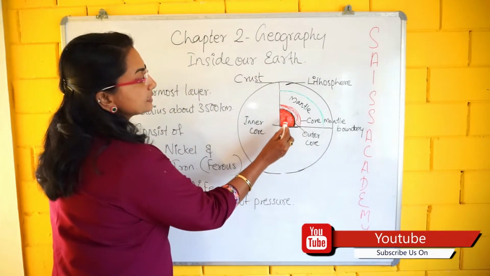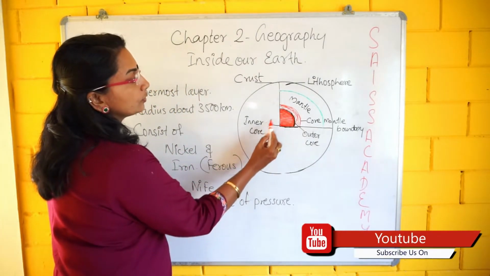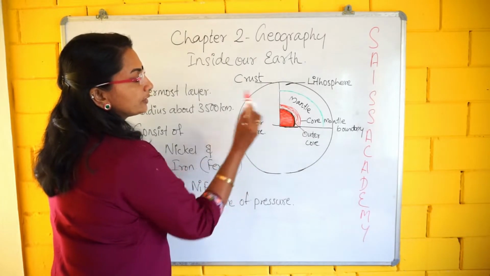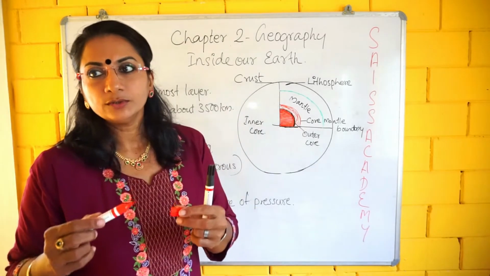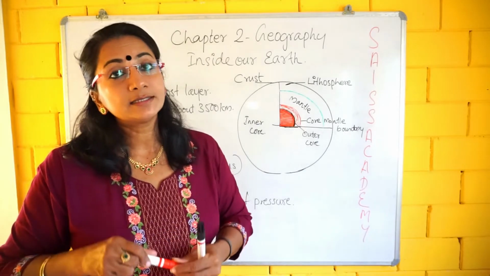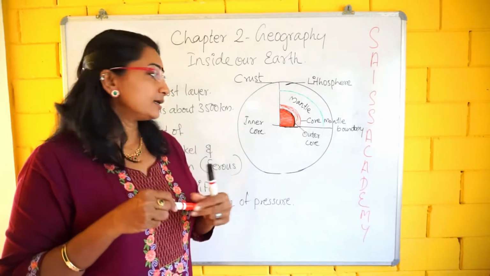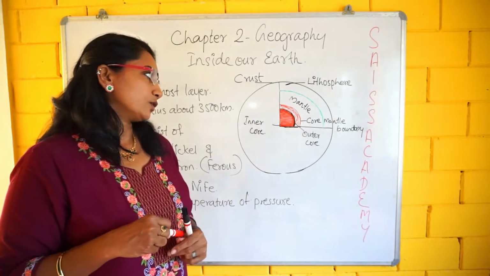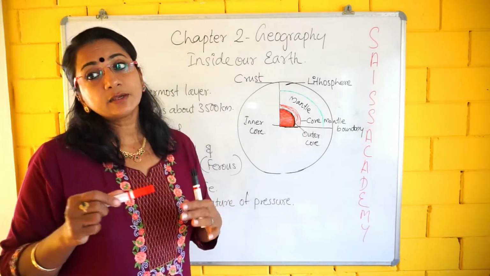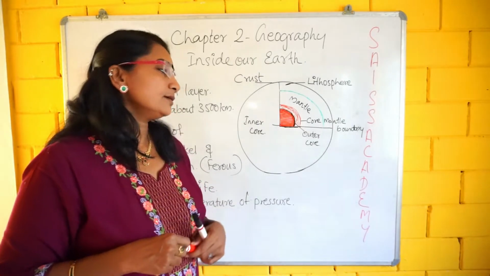This is the inner core and the outer core is liquid. And this liquid is the main cause of the earth's magnetism. The magnetic field is seen in this outer core area, and this liquid nature leads to the earth's magnetism.